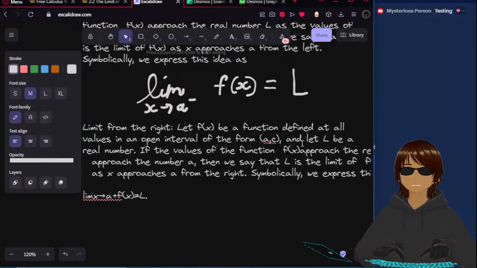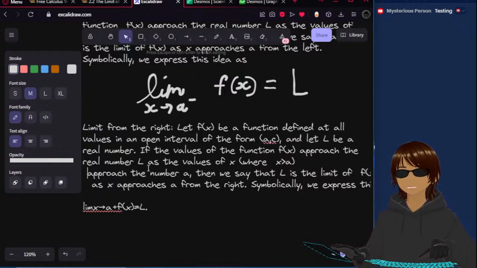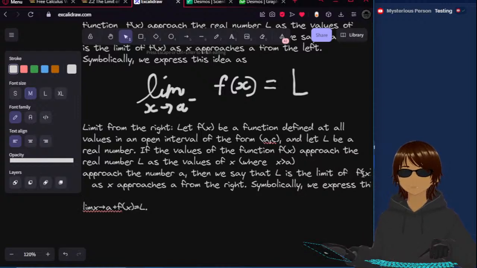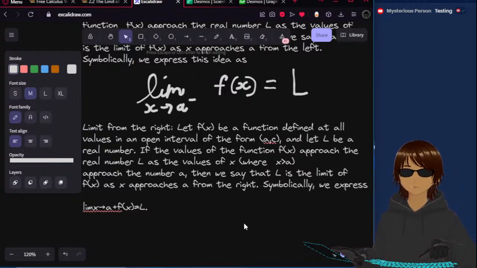The values of the function f of x approach the real number L as the values of x, where x is more than A, approach the number A. Then we say that L is the limit of f of x as x approaches A from the right.